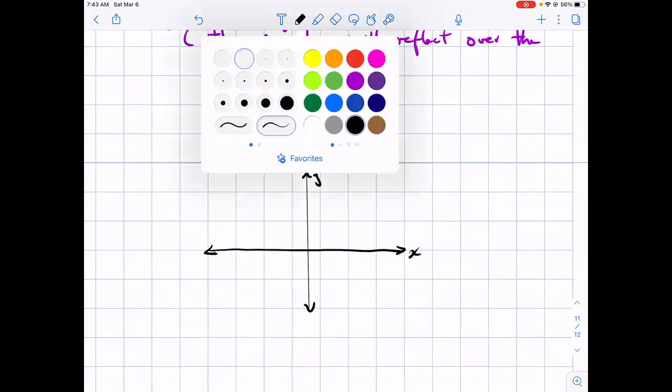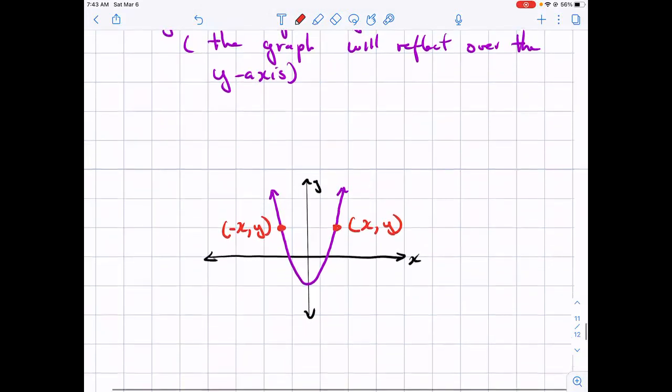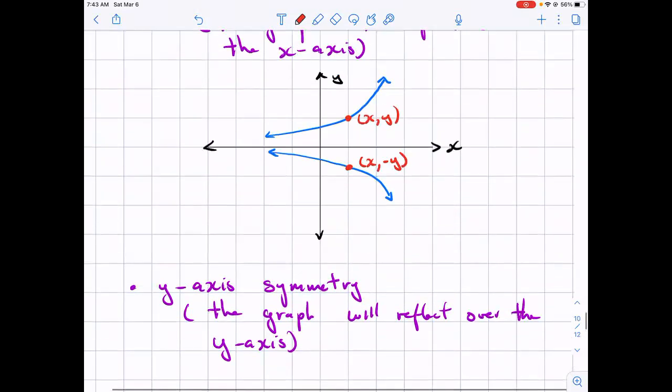We've seen that we can have a graph that looks like this, where this point here and this point here, so if this is some x comma y, this point here becomes minus x comma y. So notice that the x value changed. Okay, so here we have y-axis symmetry. This one here was x-axis symmetry.